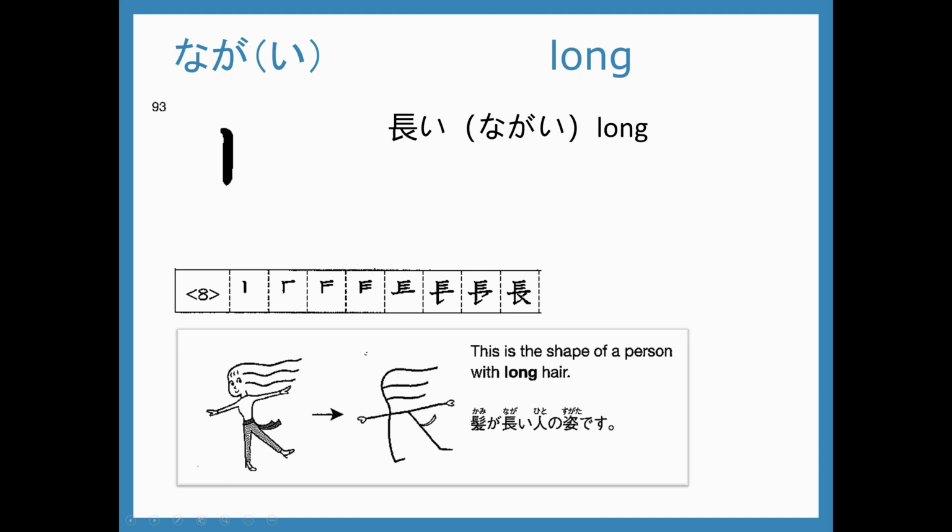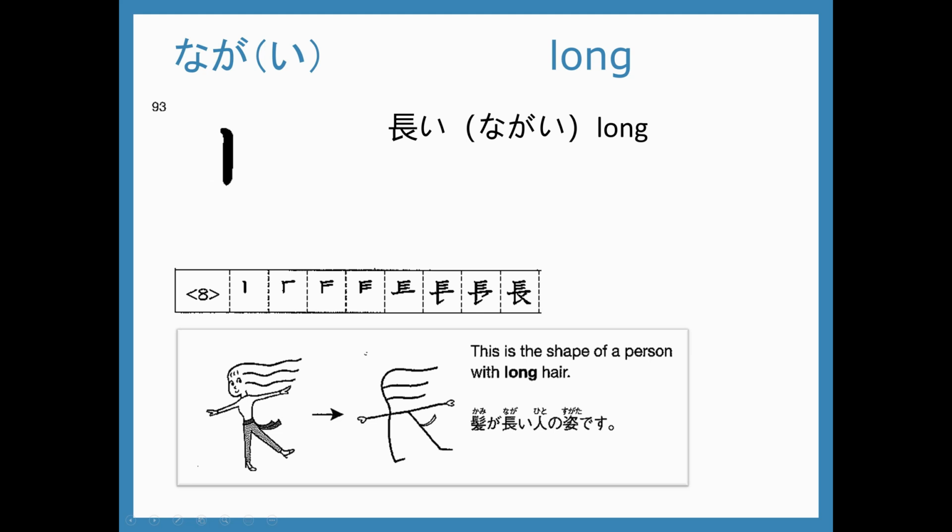So we start with 1, 2, 3, 4, 5, 長いです。6, hook, 7, 8. So the sixth stroke is all by itself. 1, 2, 3, 4, 5, 6, 7, 8.